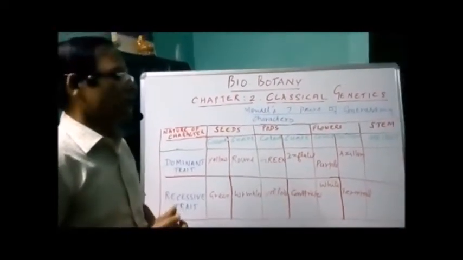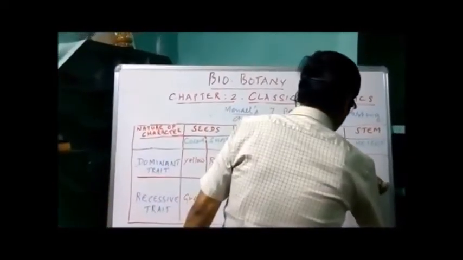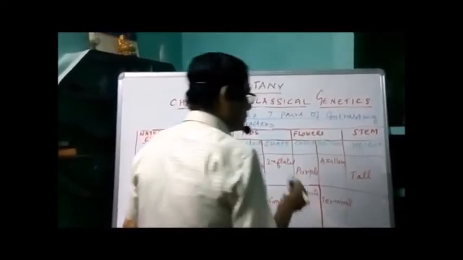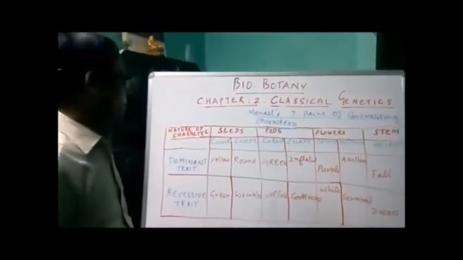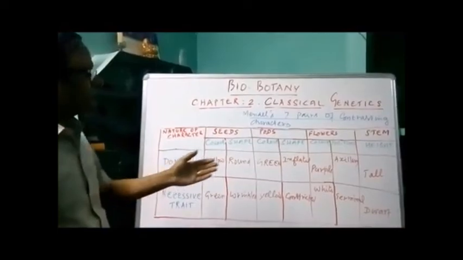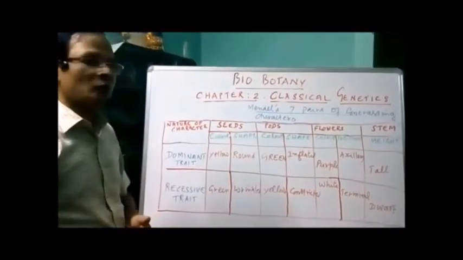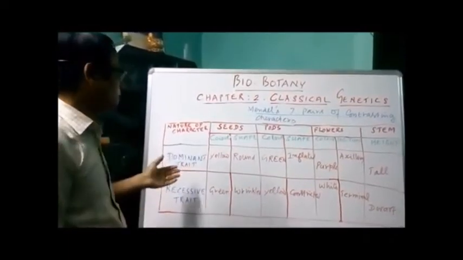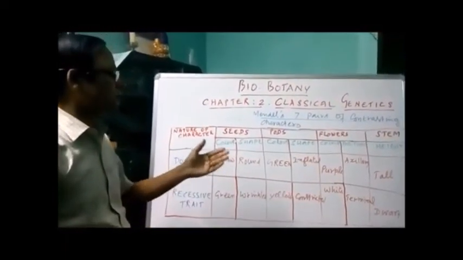Now regarding the stem height, there are 2 varieties: one is tall, which is dominant over the other, dwarf, which is a recessive character. The diagrams and pictures of all these pairs of contrasting characters have been inserted in the video. We can see colorful pictures of these 7 pairs of contrasting characters regarding the seeds, pods, flowers and stem.